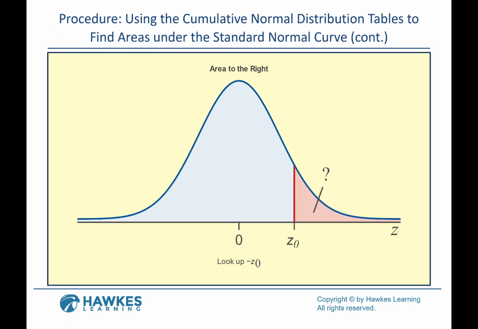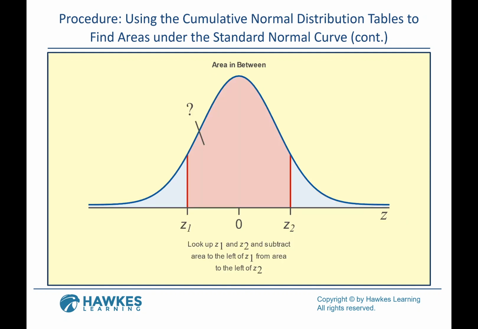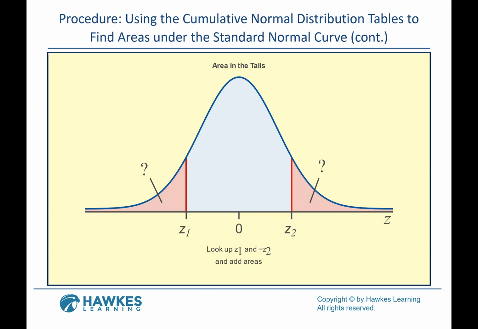Area to the right, you look up the opposite. You can't do the complement rule. Area between, you look them both up, subtract. Answer has to be positive. And then area in the 2 tails, find both the areas and add them up. Those are our 4 types.